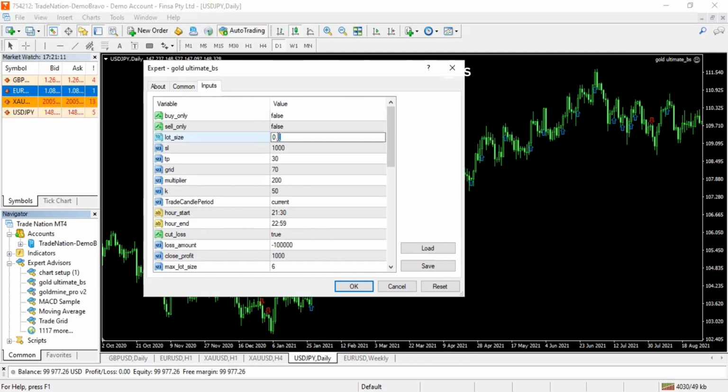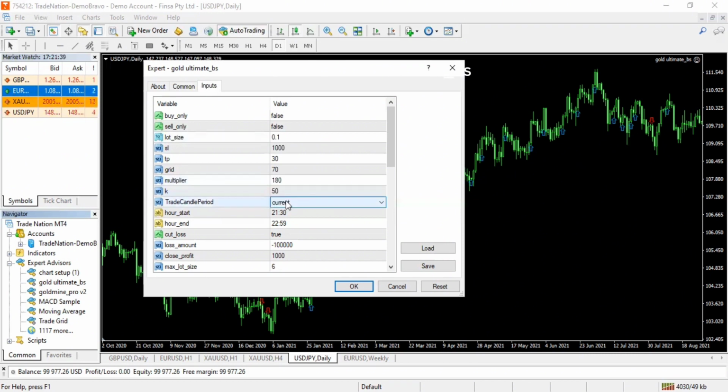If you want to be more conservative, you can use 0.05, then 180 on your multiplier. If you're using 0.01 on 10k, 150 to 180 is fine. 200 might be so high, but if you understand the trend and you know how to manage it, you can do 200. But then you have to avoid the news, high impact news.